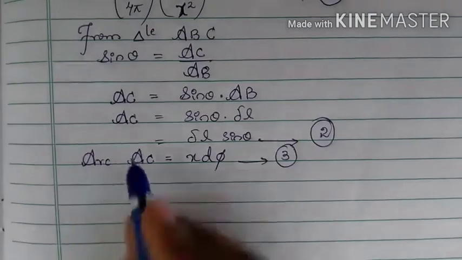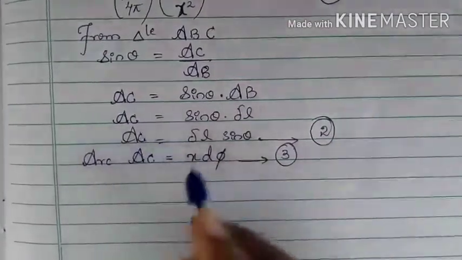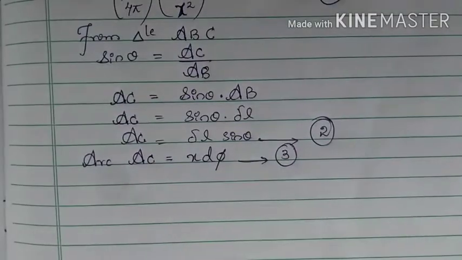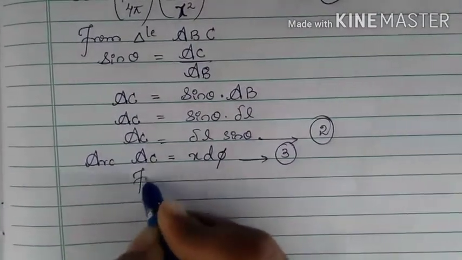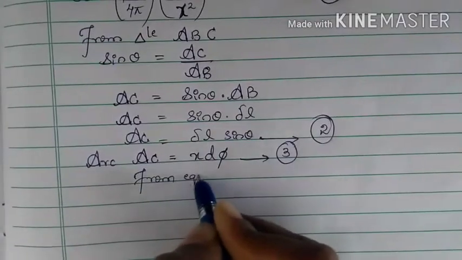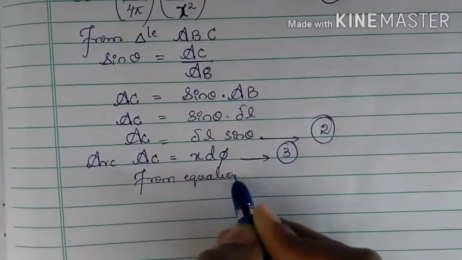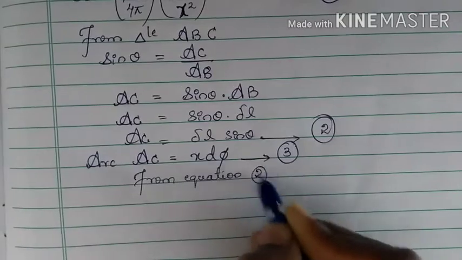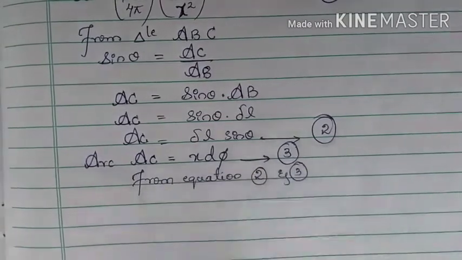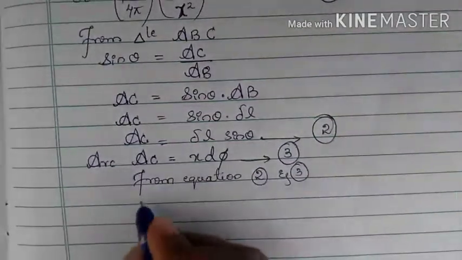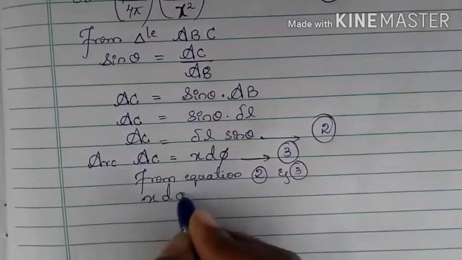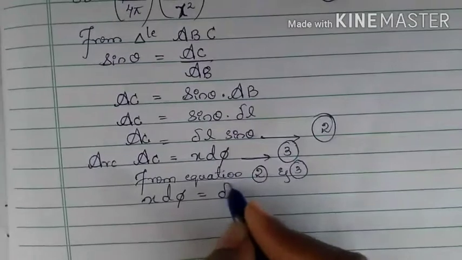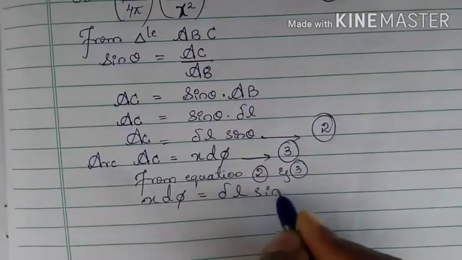Now if you observe, here you have AC and in equation 3 also you have AC. Now let us equate these two equations. From equations 2 and 3, x d phi is equal to delta L sin theta.